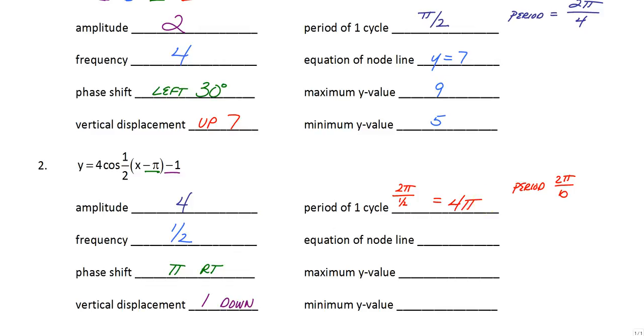So it takes 4 pi before this starts to repeat itself. The equation of our node line is y is equal to -1, because that's our vertical displacement. If our amplitude is 4, 4 above -1 means we have a maximum y value of 3, and 4 below -1 would give us a minimum y value of -5.